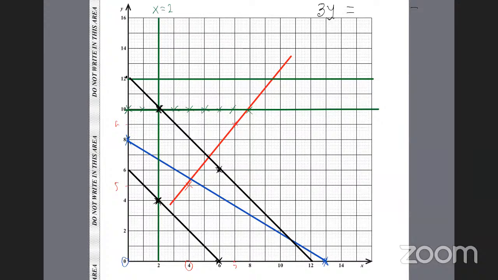On this same graph, plot 3y is equal to 10 minus 2x. Actually, make it a whole number. Make it 2. 2y is equal to 10 minus 2x. Try that for me. Same thing. Get 2 points, pick any x value, get a y twice. 2 points and plot it.